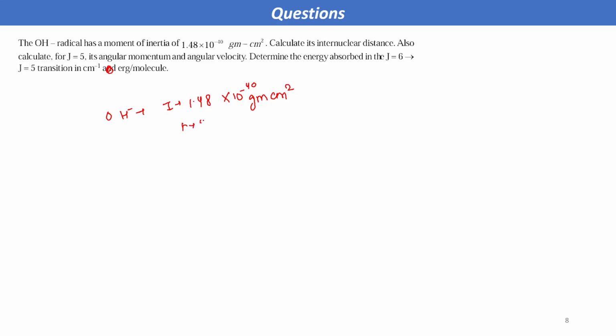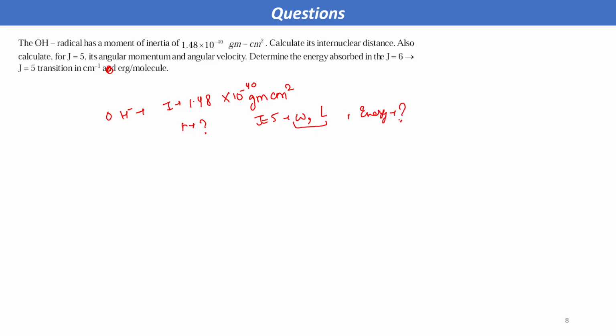Now we have to calculate the internuclear distance. Also calculate for J equals to 5 its angular momentum and the angular velocity, and also we have to determine the energy.